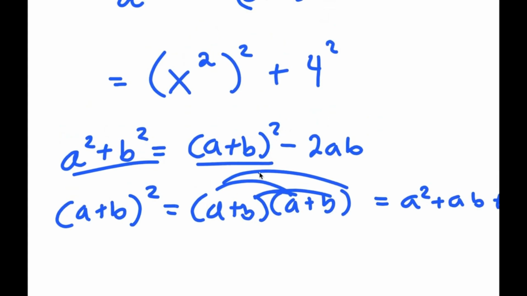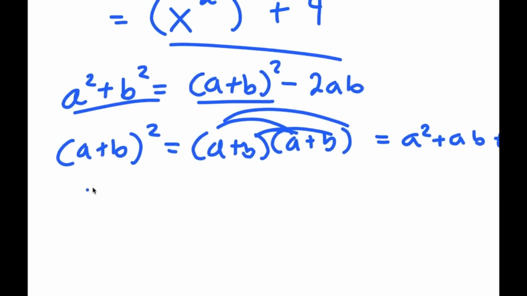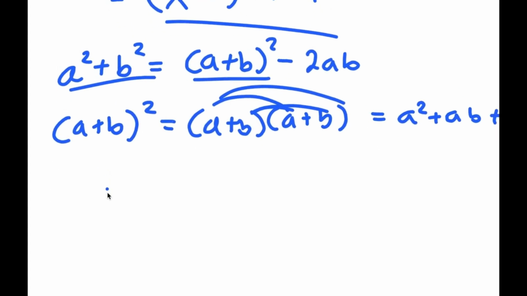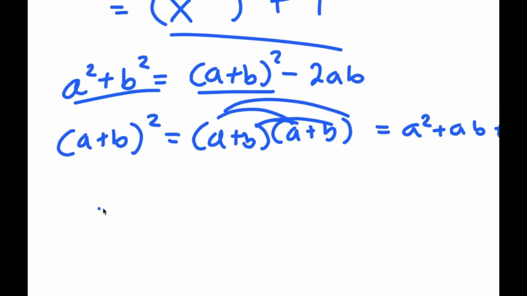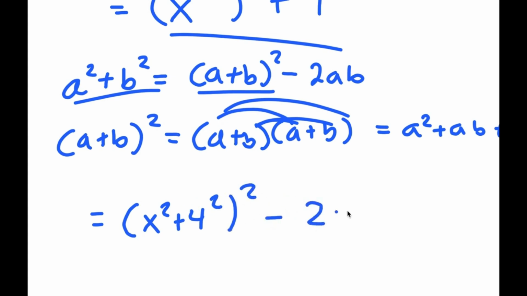So this means that for (x^2)^2 + 4^2, this is the same thing as (x^2 + 4)^2 minus 2ab, which is 2 times x squared times 4.